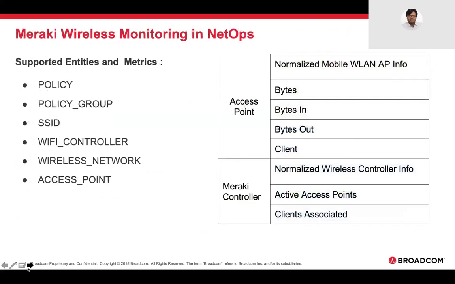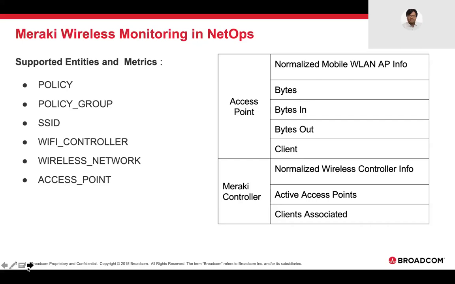So if we talk about entity and metrics, we are supporting the policy group, the SSID, the Wi-Fi controller, the network, and the access points. Now, if we talk about the metrics or the performance items that we are capturing from an access point perspective, these are bytes in, bytes out, and number of clients.